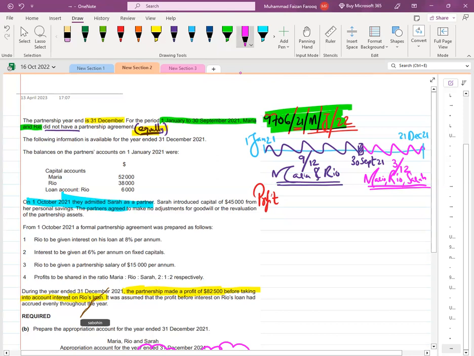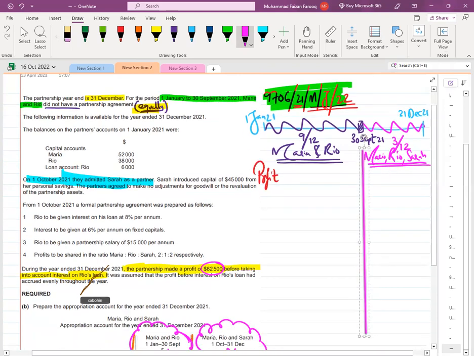So profit is 82,500. This is profit for the year. We are splitting this question in two parts, correct? One is for 9 months, which has two partners, and the other is 3 months, which has three partners. So the profit needs to be apportioned.